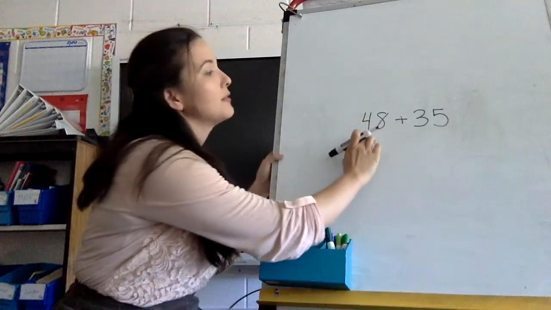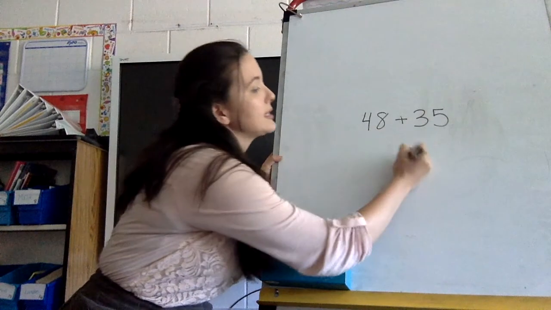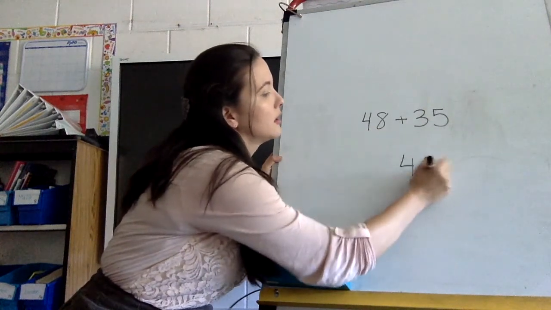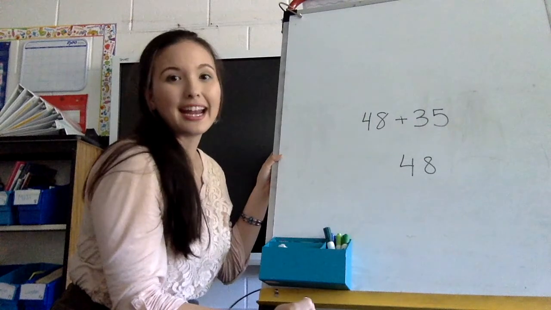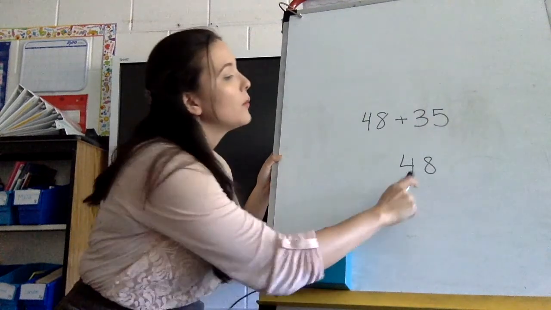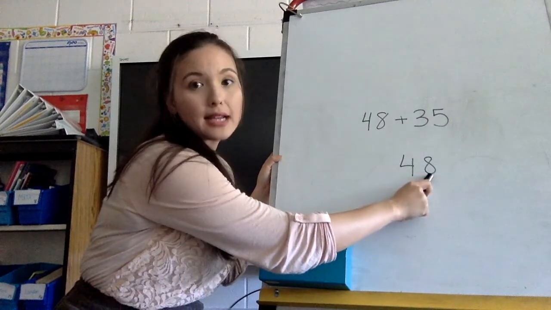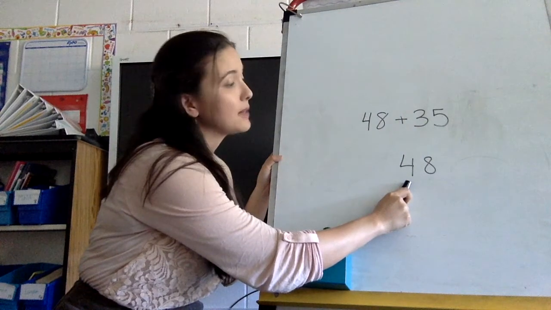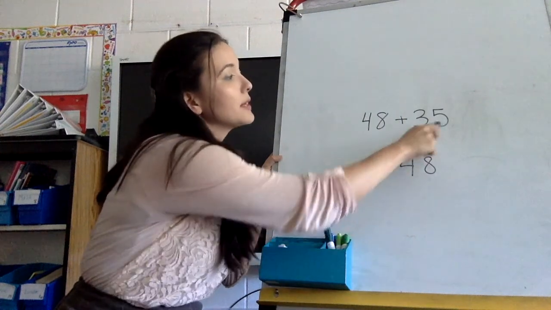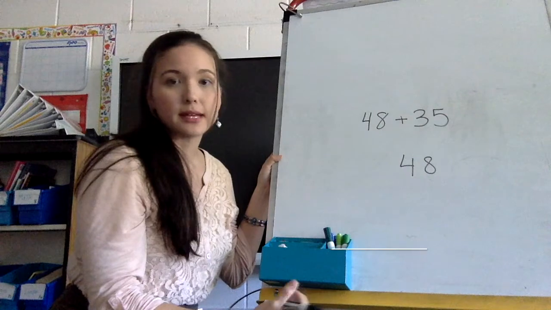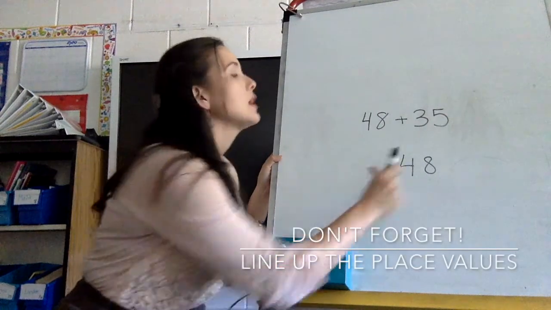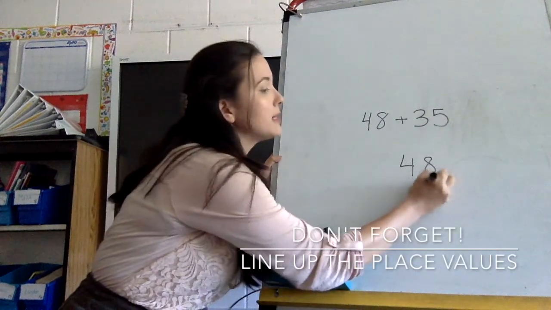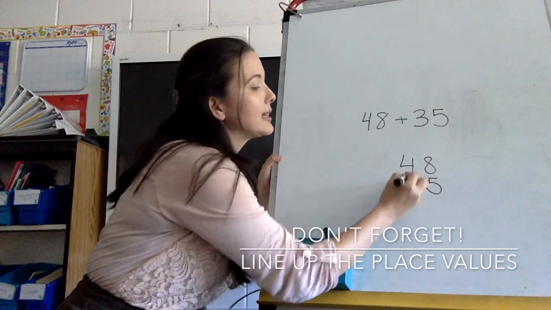So we have 48, and 35. Well, we know our 8 is in the ones place and our 4 is in the tens place. So when I write 35, I need to line up those place values exactly the same. So I have my 5 in the ones place and my 3 in the tens place.